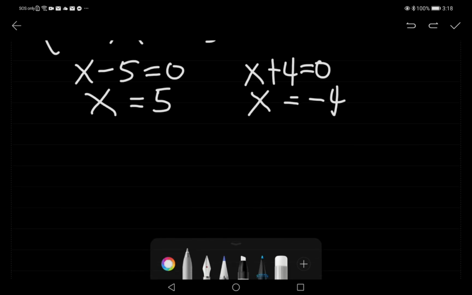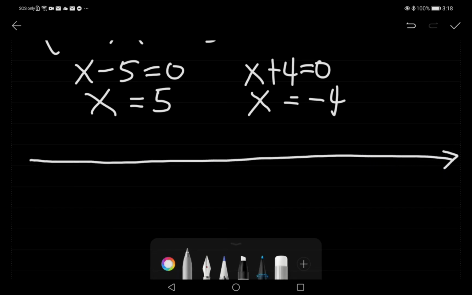Maghimo ta diri og number line. So we have here 5, then 4, 3, 2, 1, 0, then -1, -2, -3, -4. This is -4.